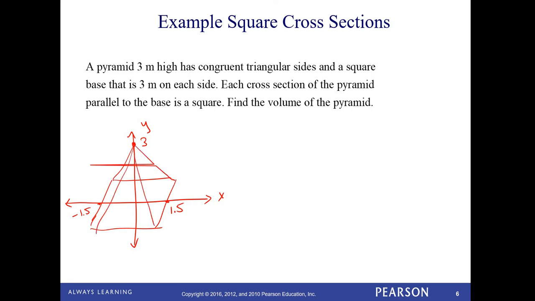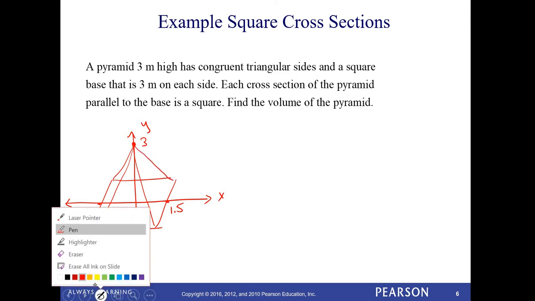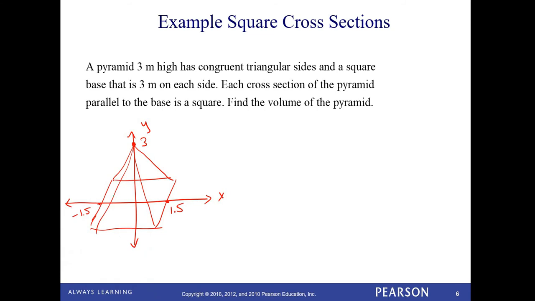So each cross section that I'm dealing with is a square, and as these squares get stacked from high to low, I know they don't look like squares now, sorry. These squares will then have a little width, and as I stack these up, I will get my whole volume.